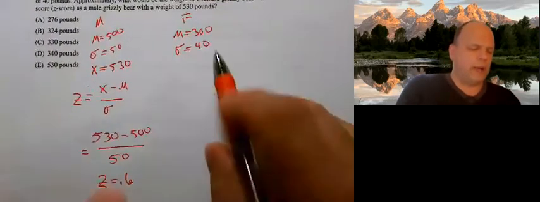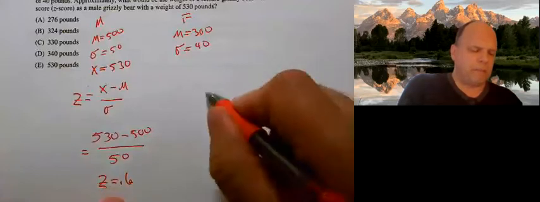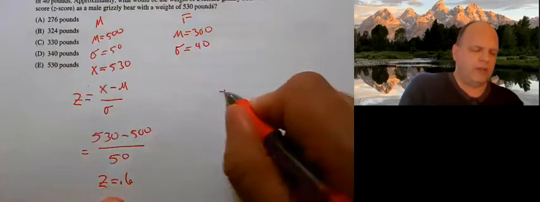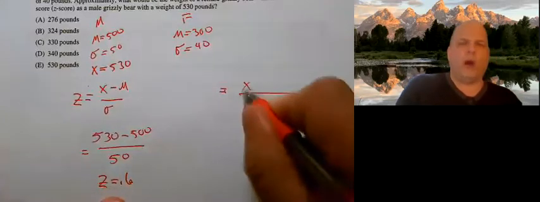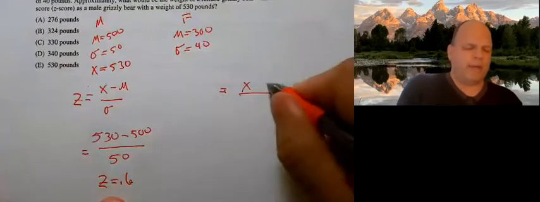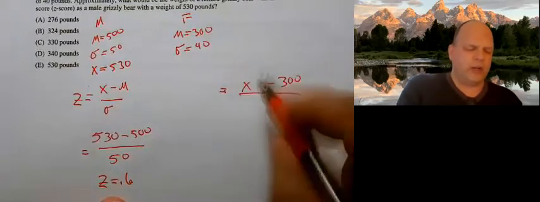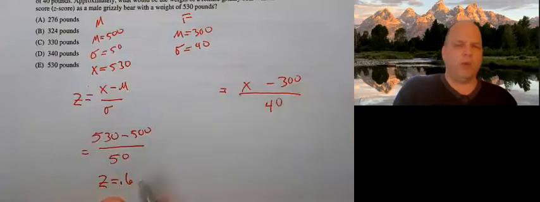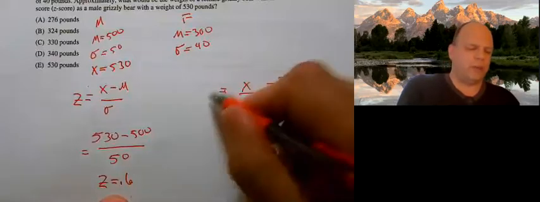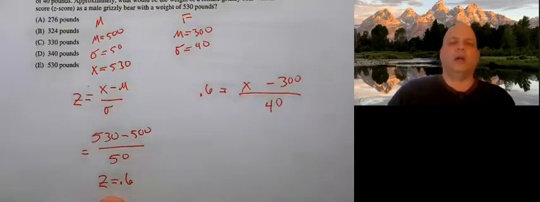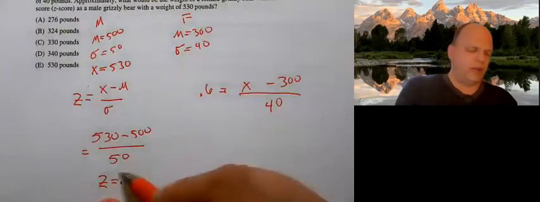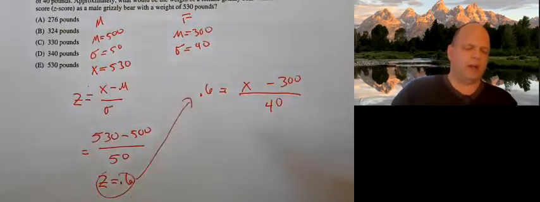So we're going to do the same thing for the female bear, but in this case, we don't know the weight, but we know that the average weight is 300, the standard deviation is 40, and we wanted the same standardized score. All right, so we're just bringing this 0.6 up to right there.